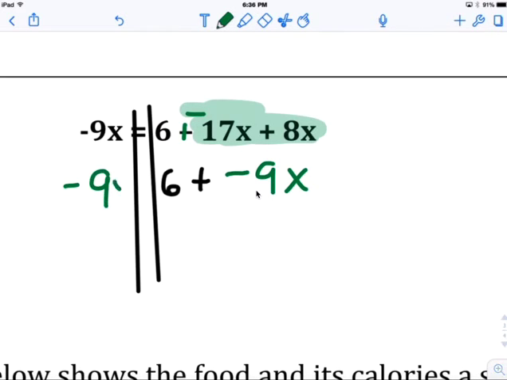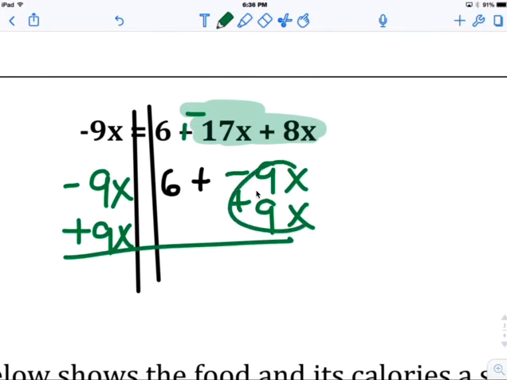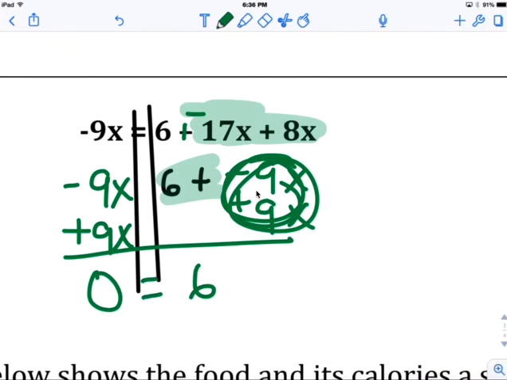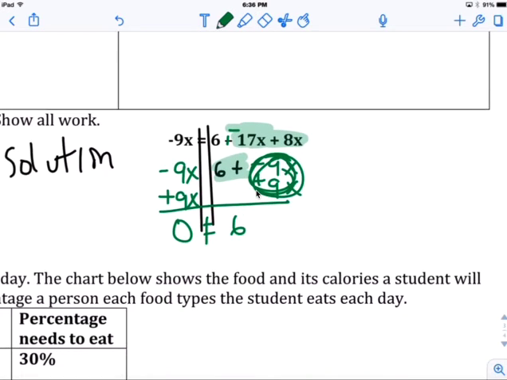Negative 9x on this side. Add this side, make it 0 on where the plus side is. That's 0, 0 plus the 6 is 6. And 9x, subtract 9x is 0. It's not equal to each other. No solution.